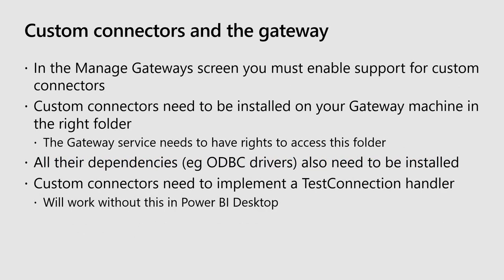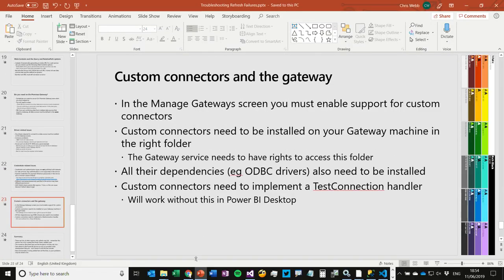Very last thing to talk about, custom connectors. If you are using custom connectors, once again, you've got to install them and all of their dependencies, any ODBC providers and everything that they need, not only on your desktop machine, but also on the PC that you're running your enterprise gateway on. So in order to use custom connectors, there are a few things you've got to set up.